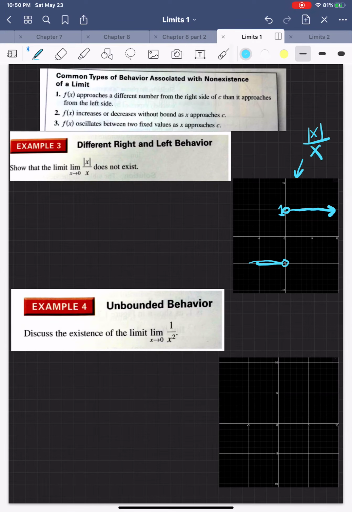To my best, these are not very straight lines. I agree with you. Okay, so this is what the graph of the absolute value of x over x looks like.